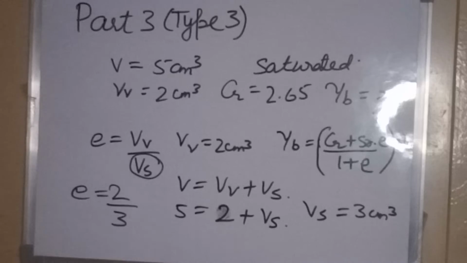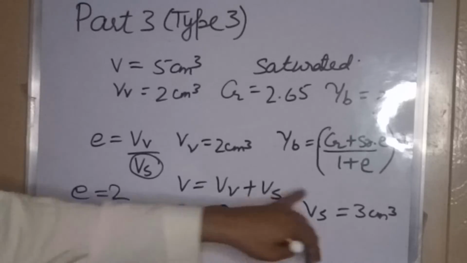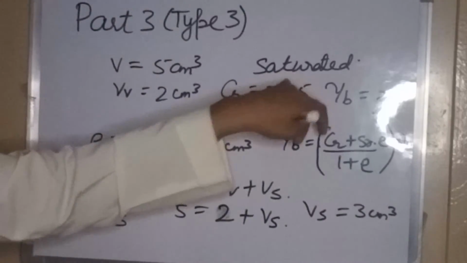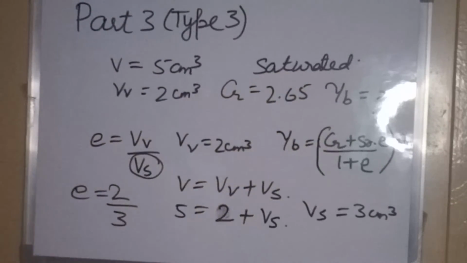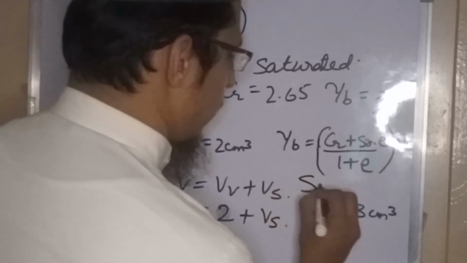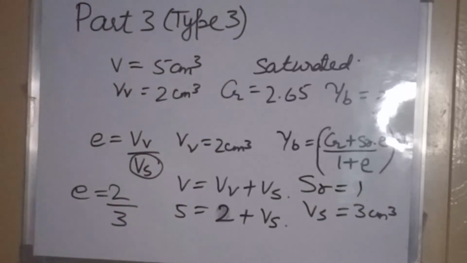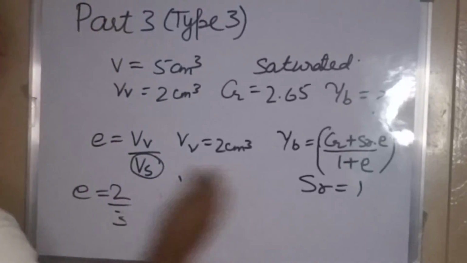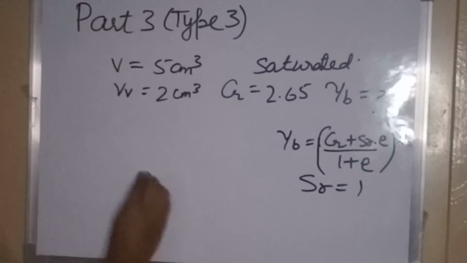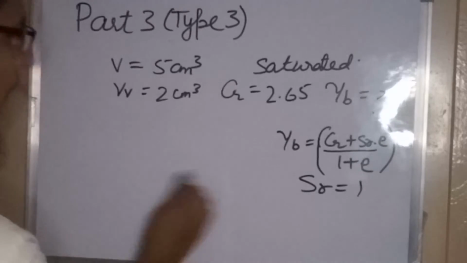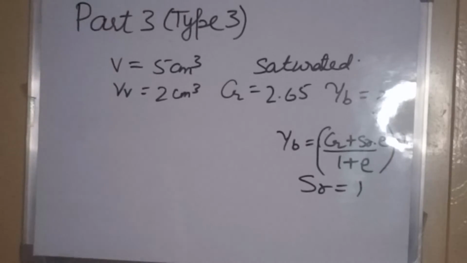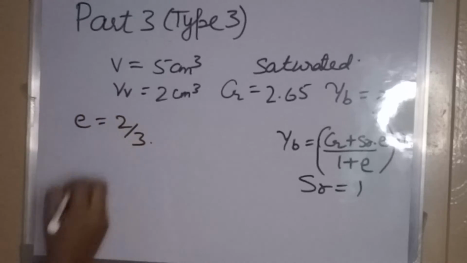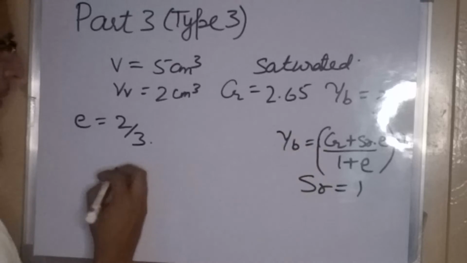So we have found the void ratio, and now we can use this formula directly, as we have been given that the soil is saturated. So SR will be equal to 1. From basic soil formulas we have found the void ratio, that is E is equal to 2 by 3, so we can put it here.